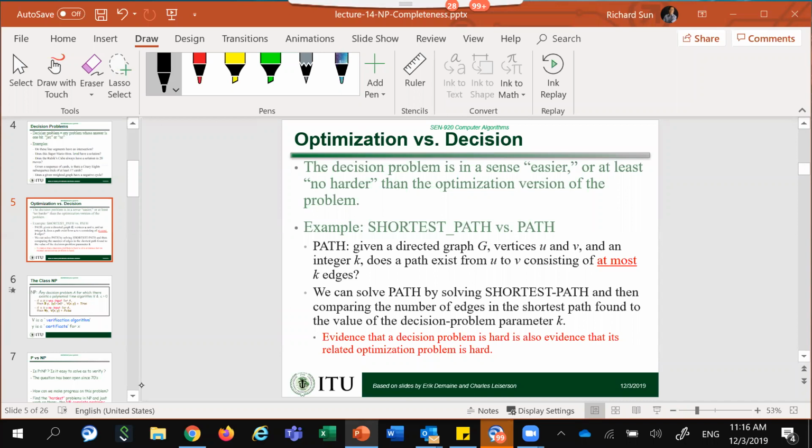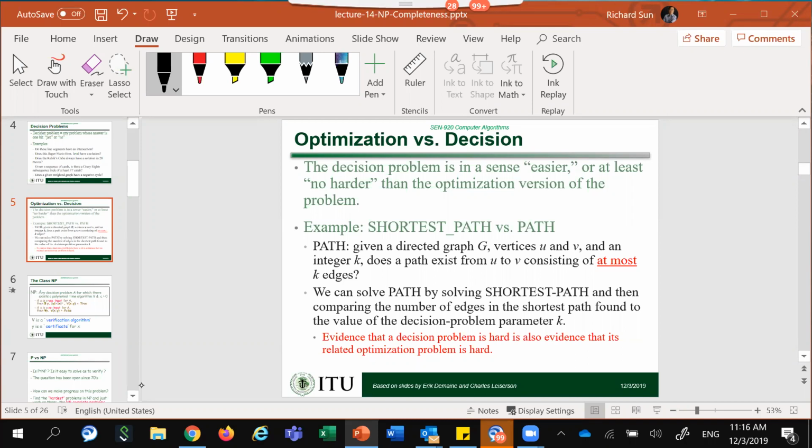Shortest path problem. I give you a directed graph G, and vertices u and v, and I give you an integer k. I ask you, in G, is there a path from u to v such that this path has at most k edges? So this is the so-called path problem.